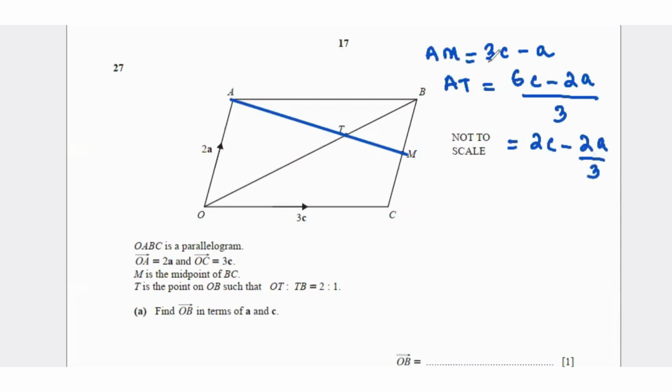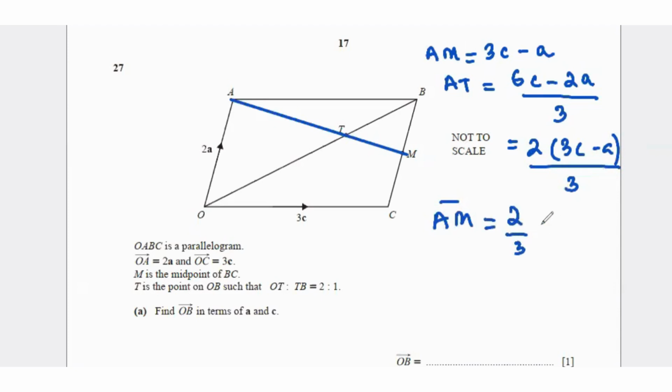So if we look at AM, that is 3c minus a. Or to make it look simpler, I'm just going to take 2 common over here. So that's going to be 3c minus a. Yeah. So now if we compare AM and AT, AM is basically 3/2 of AT.